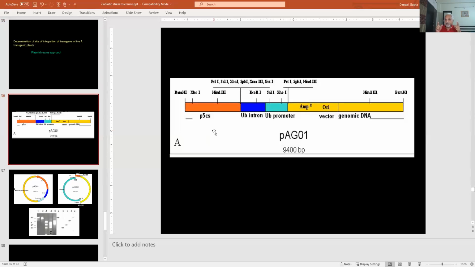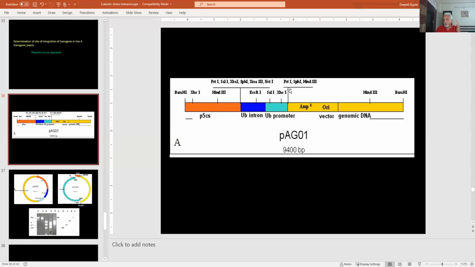We know the single restriction site in the plasmid, and the other site will be on this side of the genome, and the other side will be here. So genomic DNA is restricted with a restriction enzyme which cuts the plasmid once.